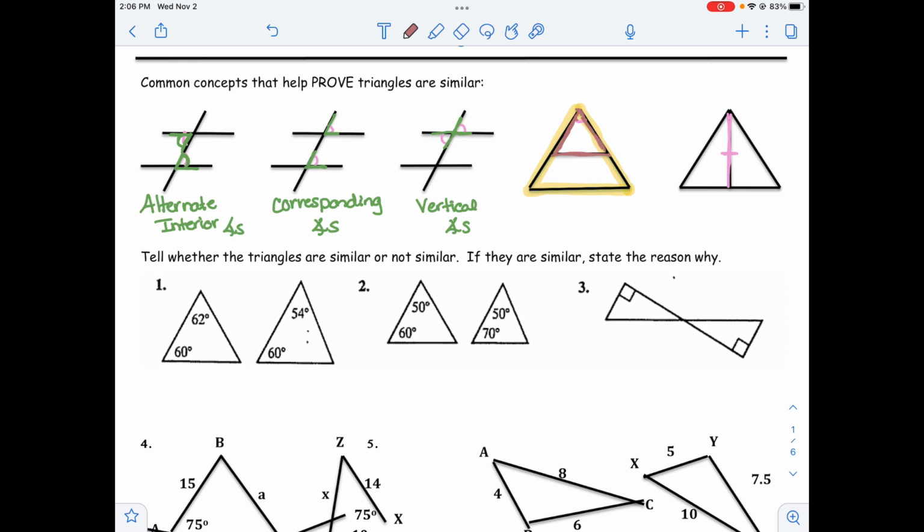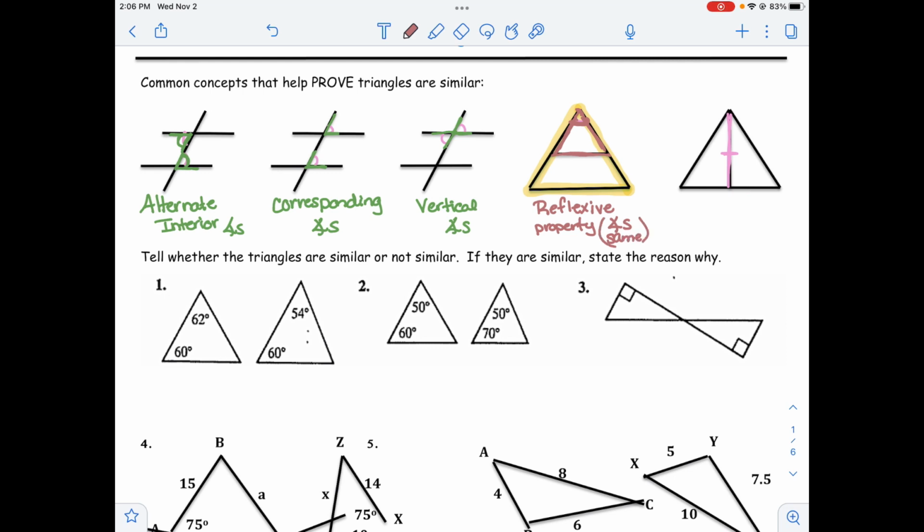We don't know anything about their sides, but we know that they share this angle. So this is what we call the reflexive property with the same angles. These are the same angles, so they share that.